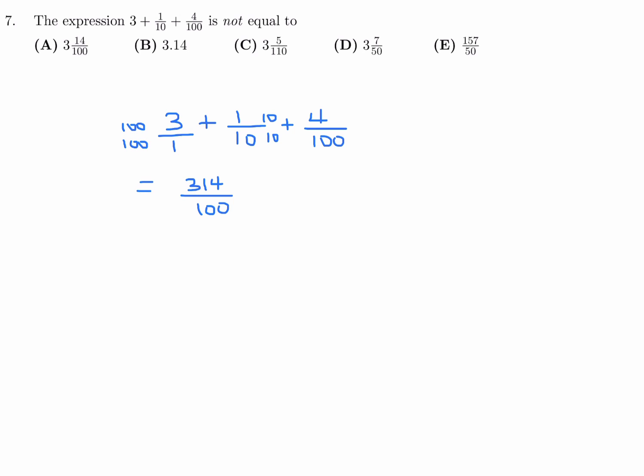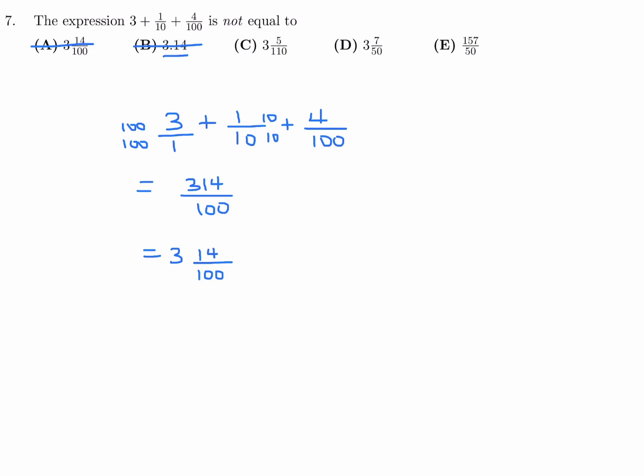And there are various ways of writing this, right? One way is just to have the 3 by itself and then the other part as a fraction, and that is what they've done here. So this is equivalent, so that is not the answer. 314 over 100 in decimal format is 3.14. So that is equal, so that's not the answer.